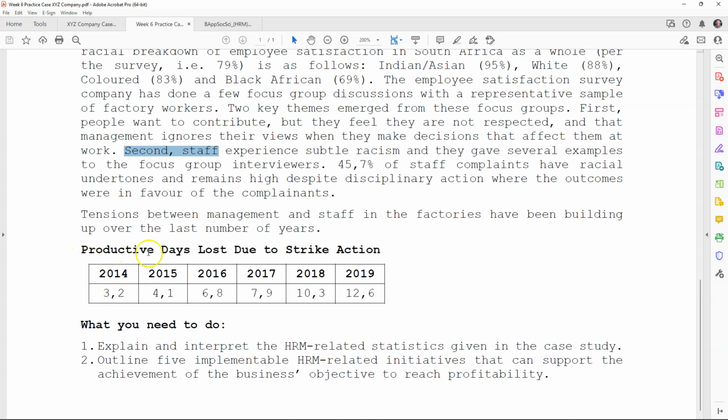And one would assume, the labor laws in South Africa allow for strike action in certain circumstances if you follow the Labour Relations Act, and one would assume these would be legal strikes, which means that the unions had a valid case, so to speak, to embark on strike action.